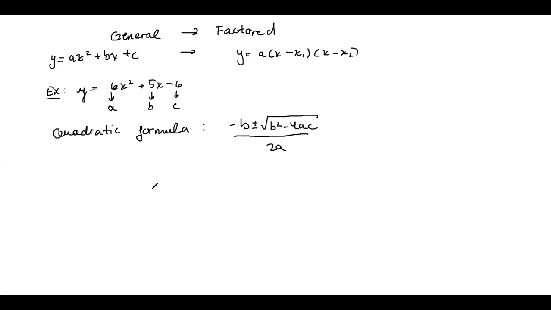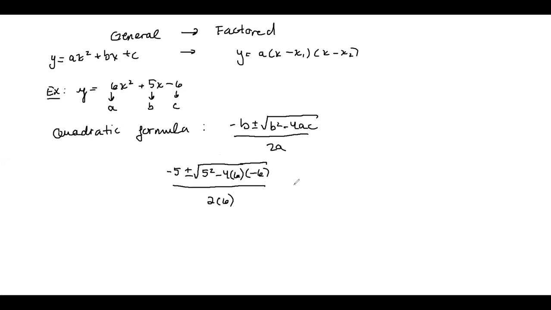In this case, b is 5, so I'll have minus 5 plus or minus the root of 5 squared minus 4 times 6 times minus 6, divided by 2 times 6.